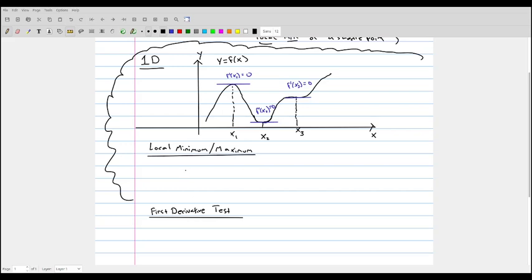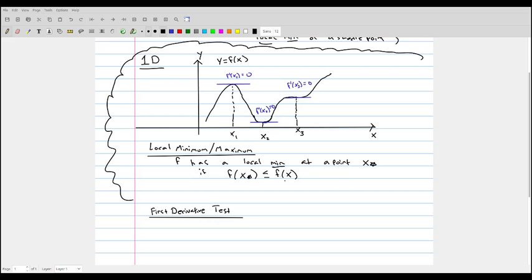So we say that a function f has a local min, or local minimum, at a point x star if the value of the function at x star is less than or equal to f of x.